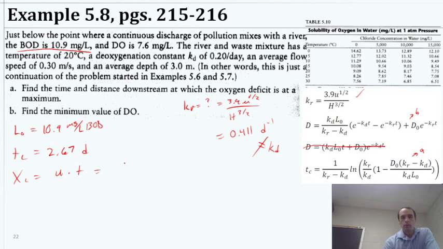That was 0.3 meters per second times 2.67 days. I will need to convert, so we can do times 86,400 seconds per day.